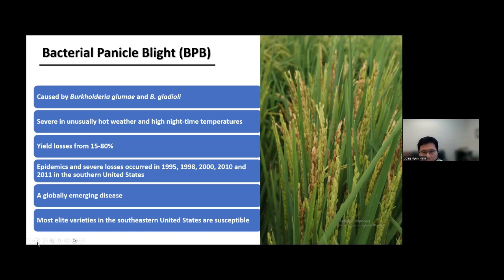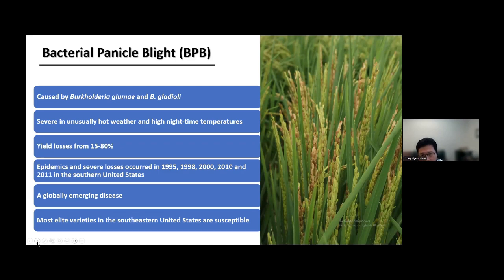This rice disease is caused by the plant pathogenic bacteria Burkholderia glumae and Burkholderia gladioli. Between the two bacteria, Burkholderia glumae is the prevalent one and is considered the major pathogen.